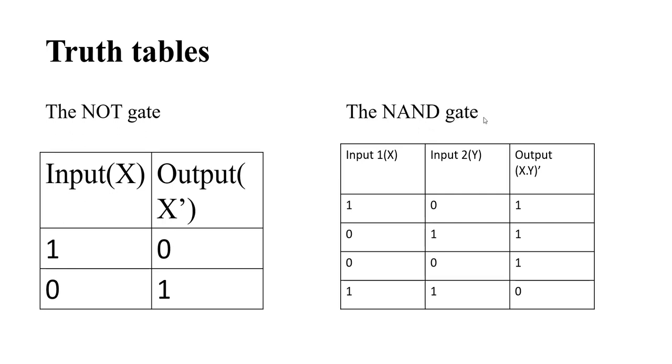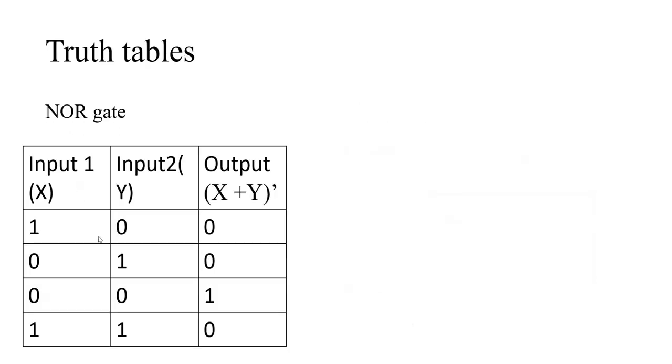So if it is a gate that is having that operation, then we are going to call it a NAND gate. So 0 and 1 would give you a 0, but because it is negated, it gives you 1. 0 and 0 would give you 0, but because it is negated, you get 1. 1 and 1 would give you 1, but because it is negated, you get 0. Then a NOR gate, we said it is an OR gate negated.